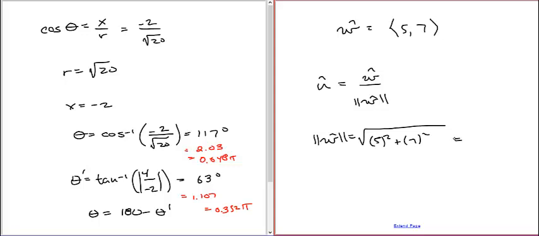Now, because neither one are negative, we don't have to worry so much about it. But if you do that, you'll get 74, 49 plus 25. So that's the magnitude. So the unit vector is going to be 1 over the square root of 74 times the W vector, which is 5, 7.